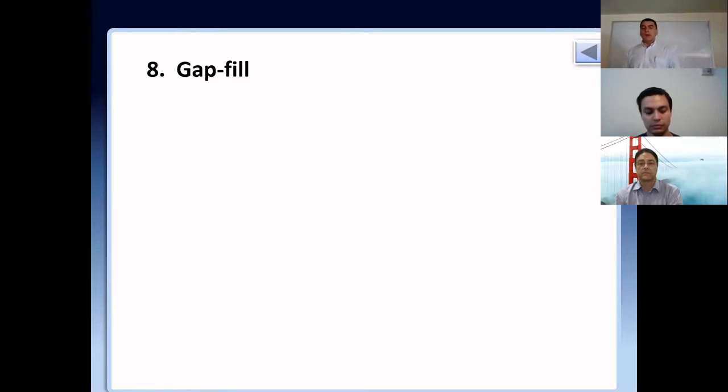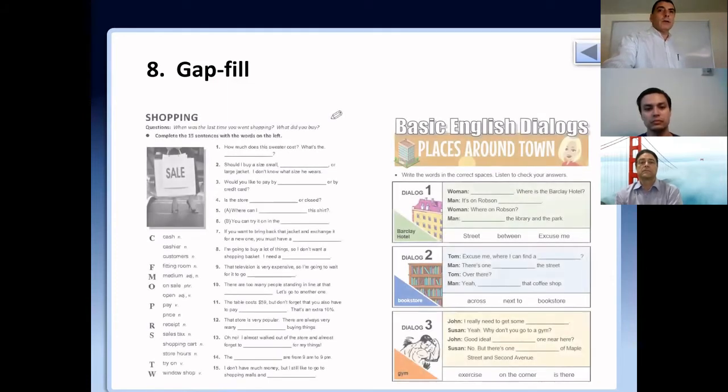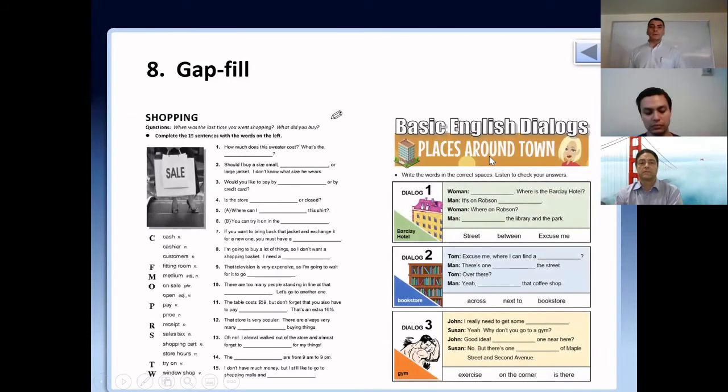We can have gap fills in individual sentences, or we can have gap fills in paragraphs or conversations. Here are a couple of examples. The one on the left has gap fills in individual sentences, and the one on the right has 3 short dialogues, again with gap fills. Very good.